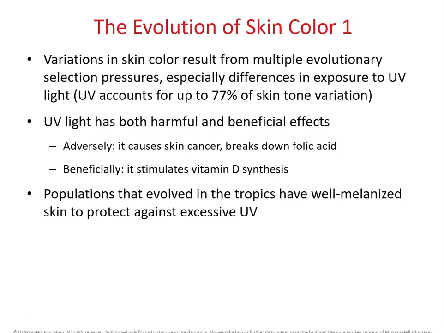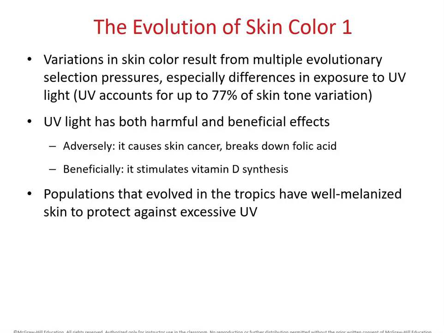Areas that had a lot of UV exposure, particularly around the tropics, around the equatorial regions, having more melanin in the epidermis, having a darker skin tone, prevented skin cancer. It was helpful to survival. That came with a drawback.